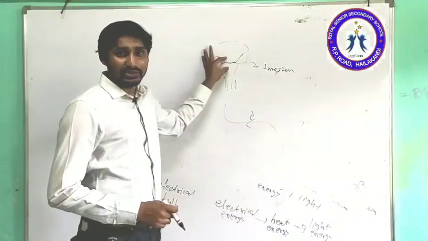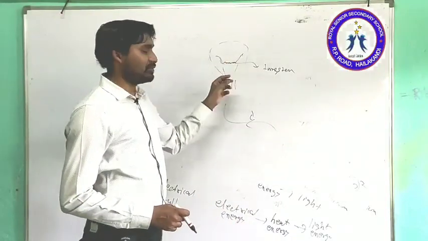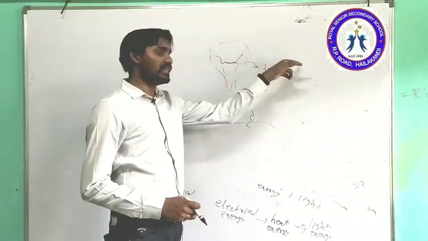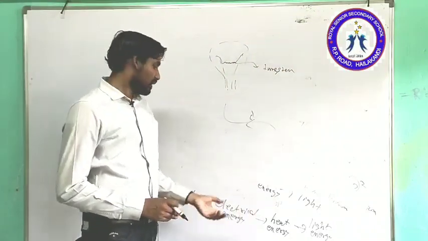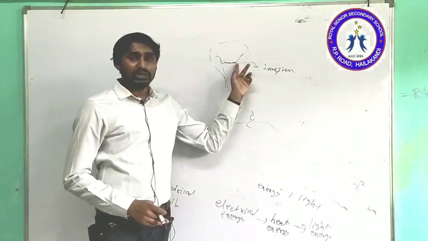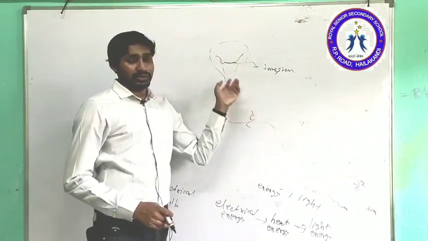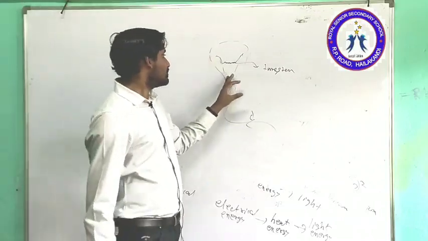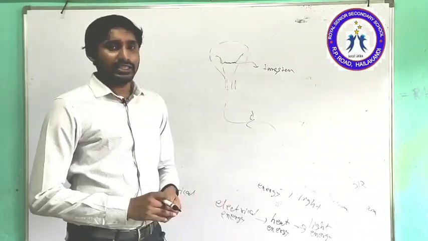First the tungsten metal is heated, and after that, when sufficient temperature is raised, from heat we will get light. That's how the process of conversion of energy takes place in the earlier form of electric bulb, invented by Thomas Alva Edison.